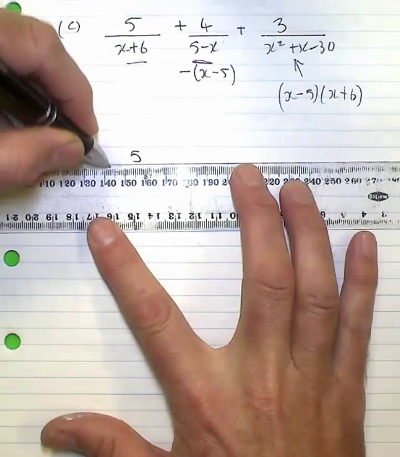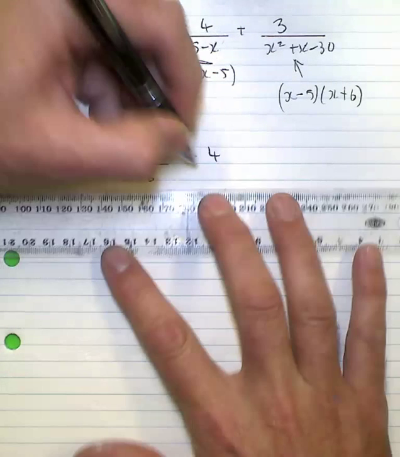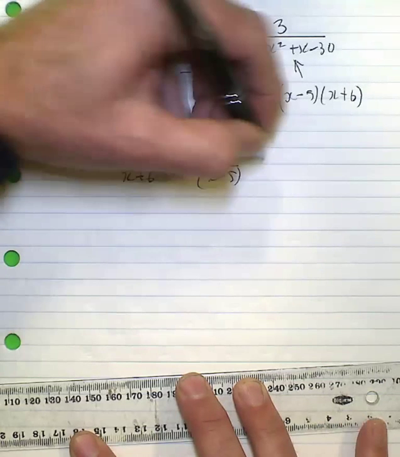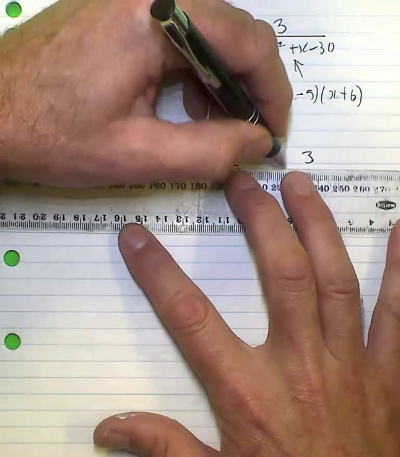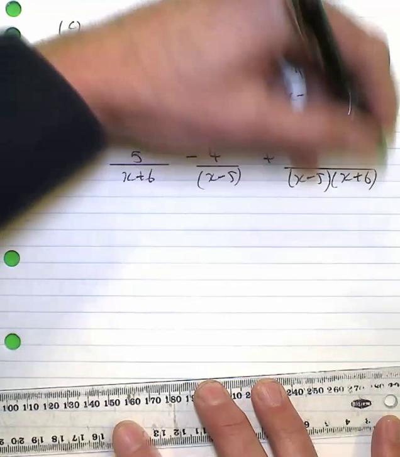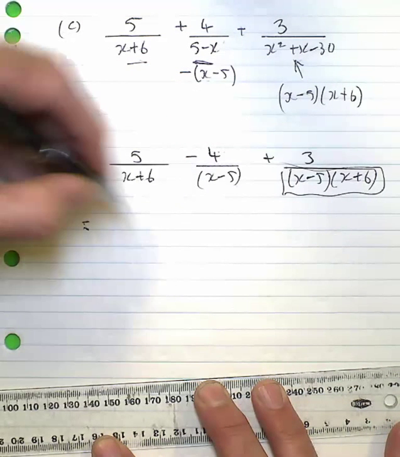When I reorganise this, it'll become minus 4 divided by x minus 5 plus 3 divided by x minus 5 lots of x plus 6. So that will be my lowest common denominator.